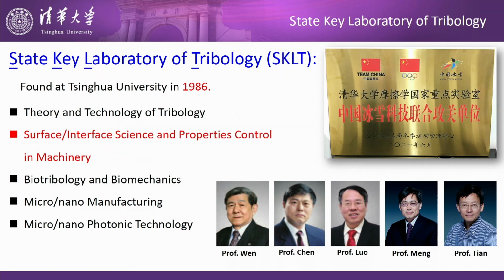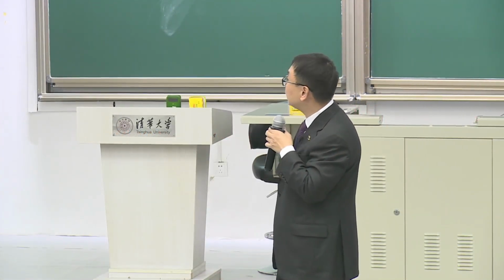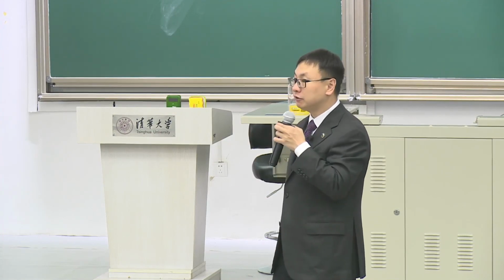I'm working on surface interface science and property control in machinery. Oh, sorry, we got this one. Very lucky, it's one of 16 units all over the country. Professor Wang Jiadao is our team leader, and it's me, Professor Lei, and Professor Ma. And we work on drag reduction and self-assembly manufacturing.